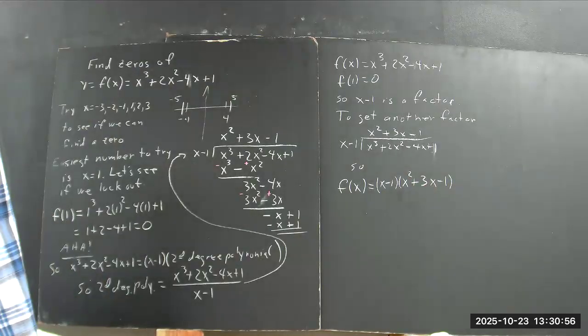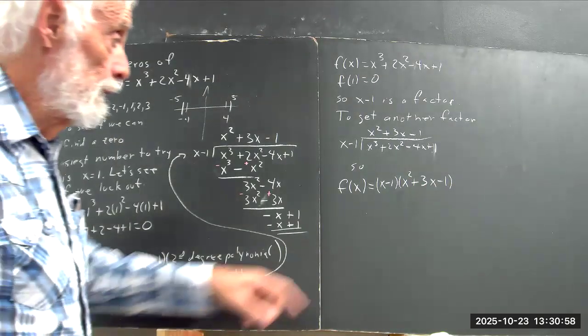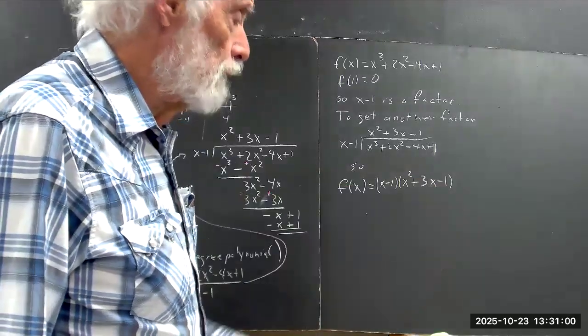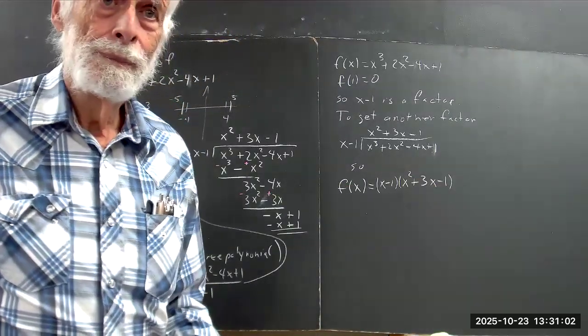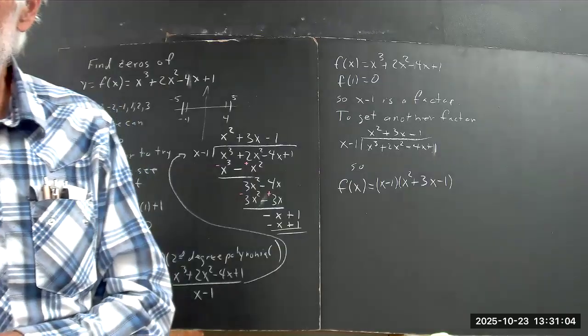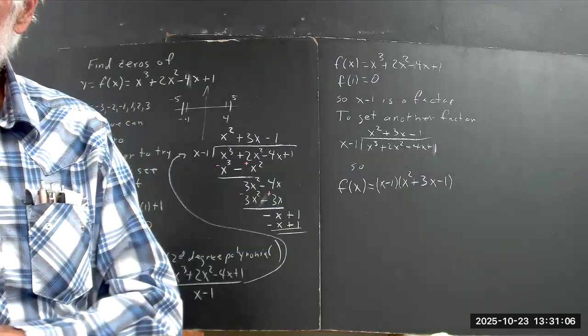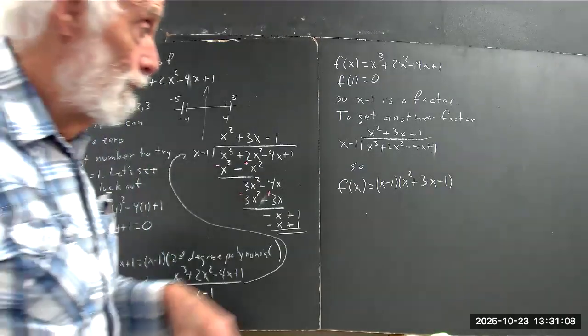Okay. Now, can we find a 0 of x squared plus 3x minus 1? Well, actually, there's a way we can always find a 0 if it exists.